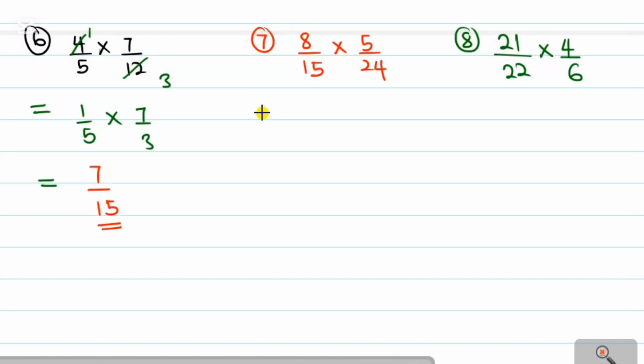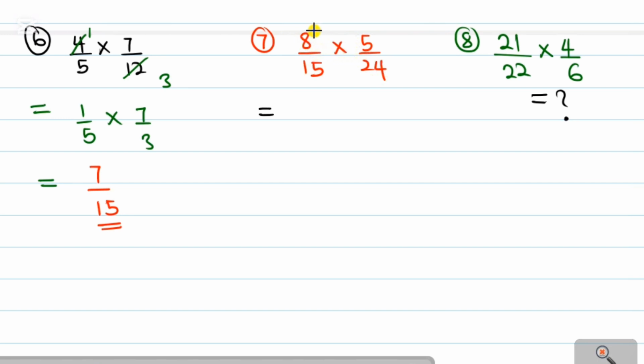And finally, before I leave some as exercises, I'm going to do this one. For number 7 here, is there any common factor vertically? No. But diagonally on both sides, you will find common factors.